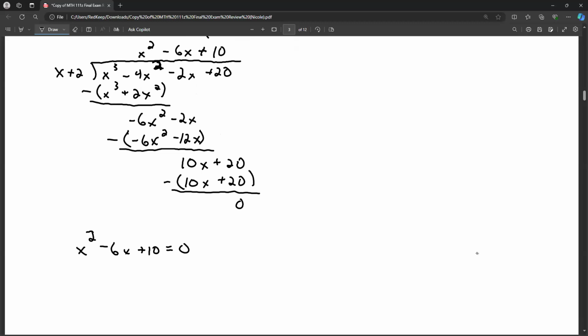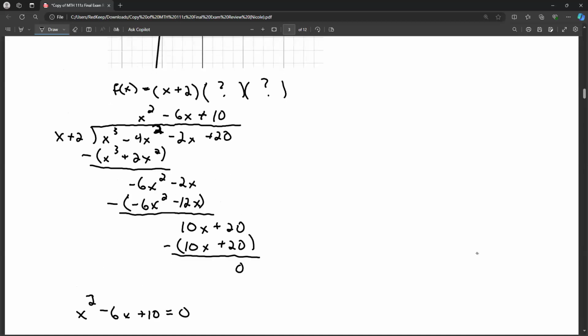But before we do that, let's run through synthetic division. This one won't take as long, but we'll set up the process. I like to do my synthetic division like this, putting the coefficients of the original function f above. The coefficient of x cubed was 1, and then I had a negative 4, a negative 2, and then 20.